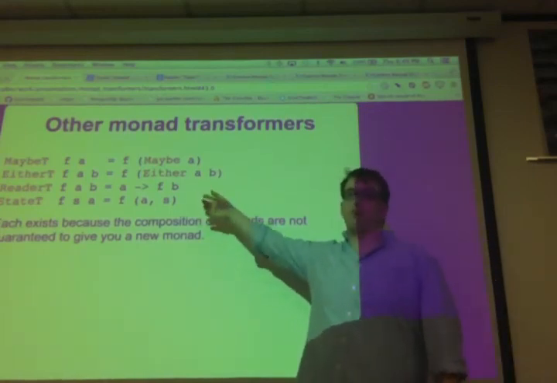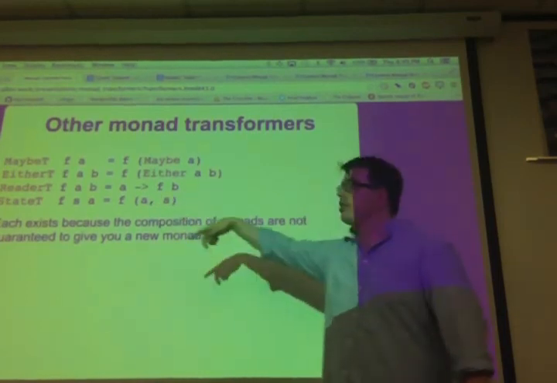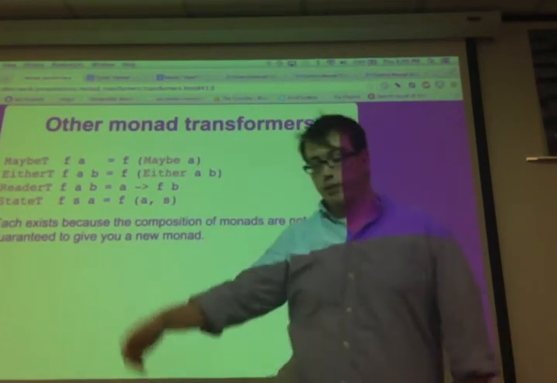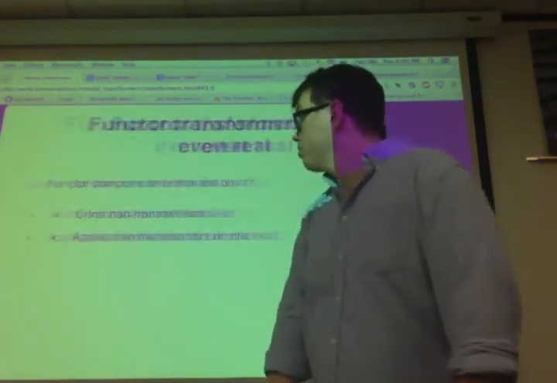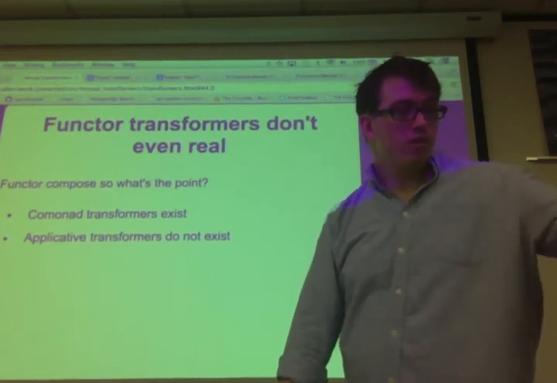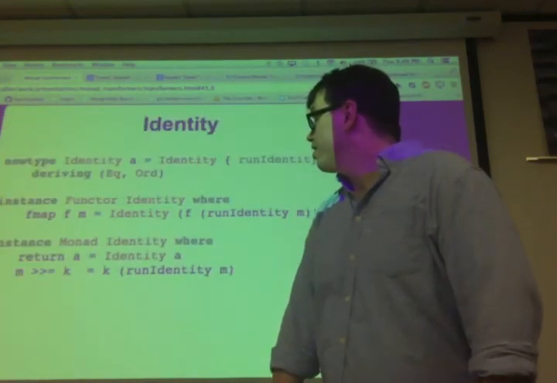The F is just more function, right? So it just gets nested, and that's why it looks like that. But I might have gotten it wrong, because I got the StateT one wrong anyway.